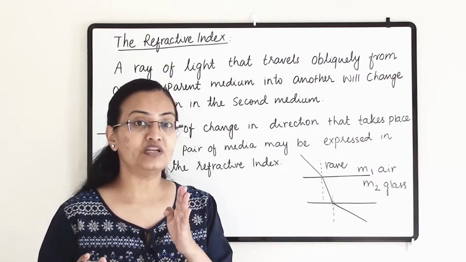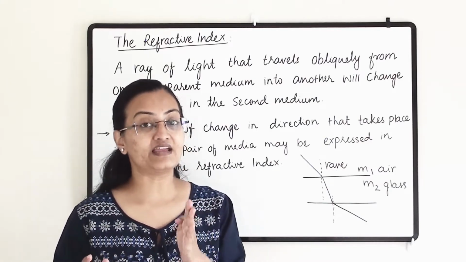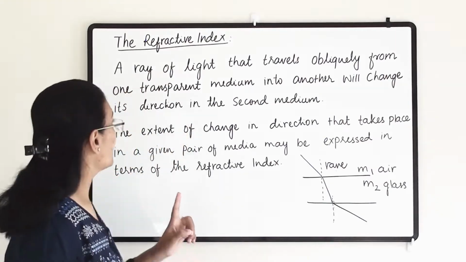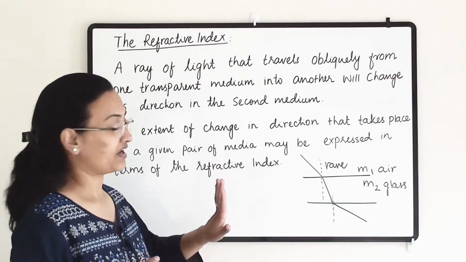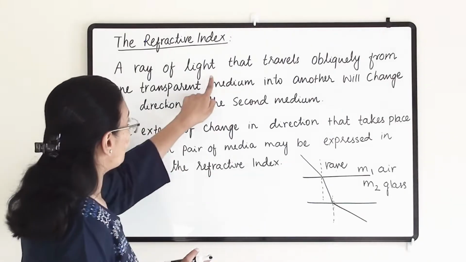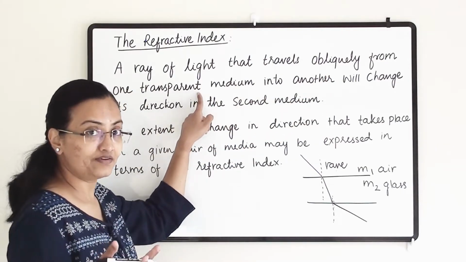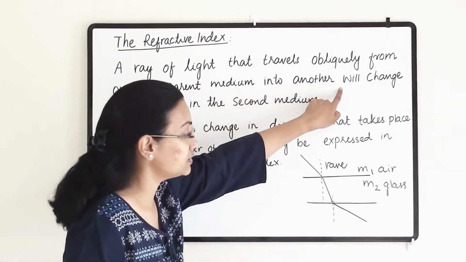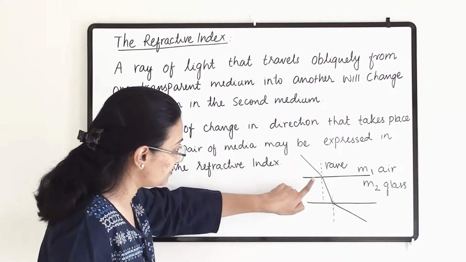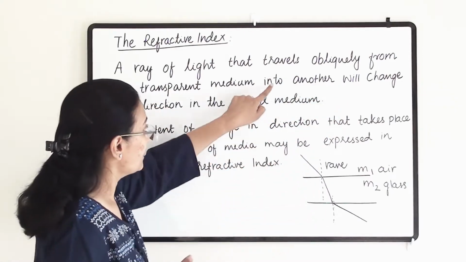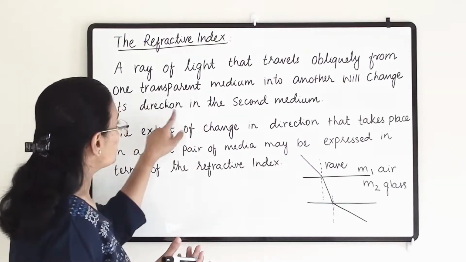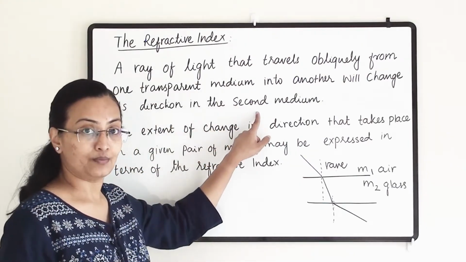But the phenomenon of bending of light is known as refraction. So both ways it is refraction. So a ray of light that travels obliquely from any transparent medium into another will change its direction in the second medium.